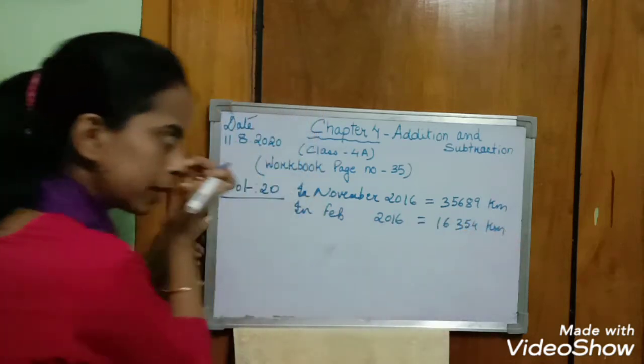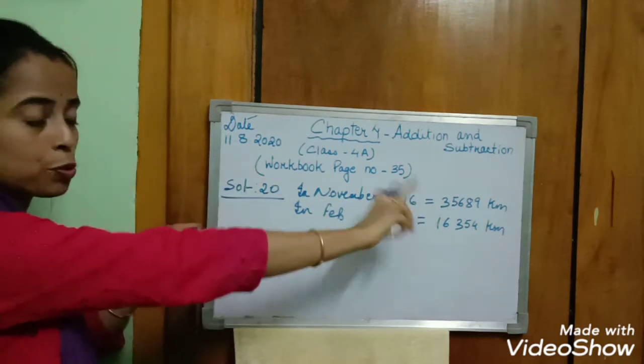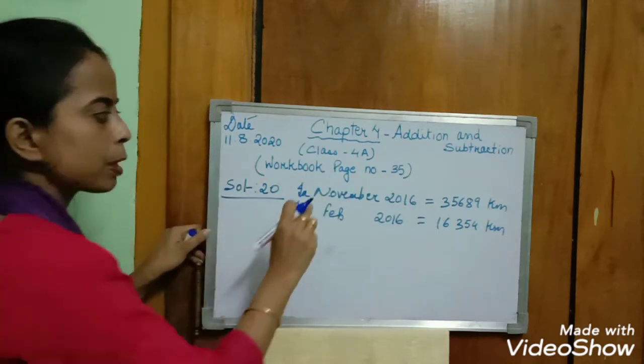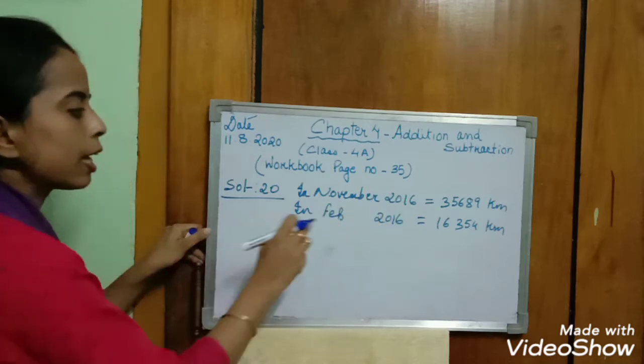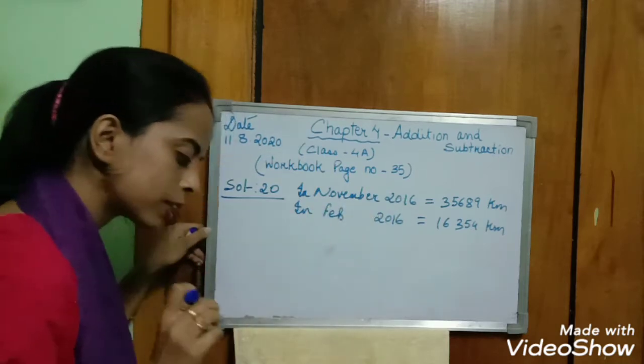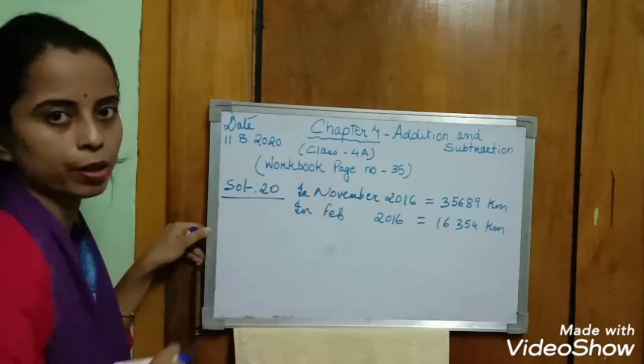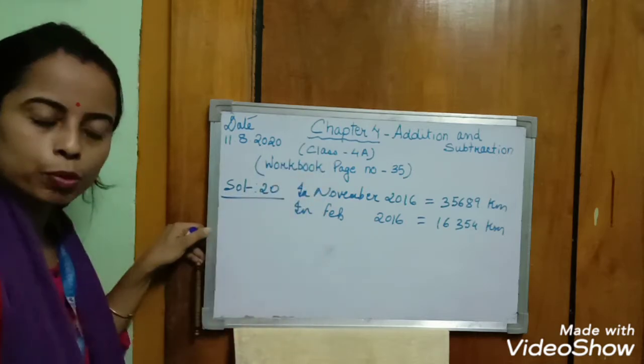Now the question is asking, these are the distances covered by the two-wheeler, right? In the month of November 2016 and February 2016. Now the question is asking, what was the distance covered from February to November? Now what we have to do?